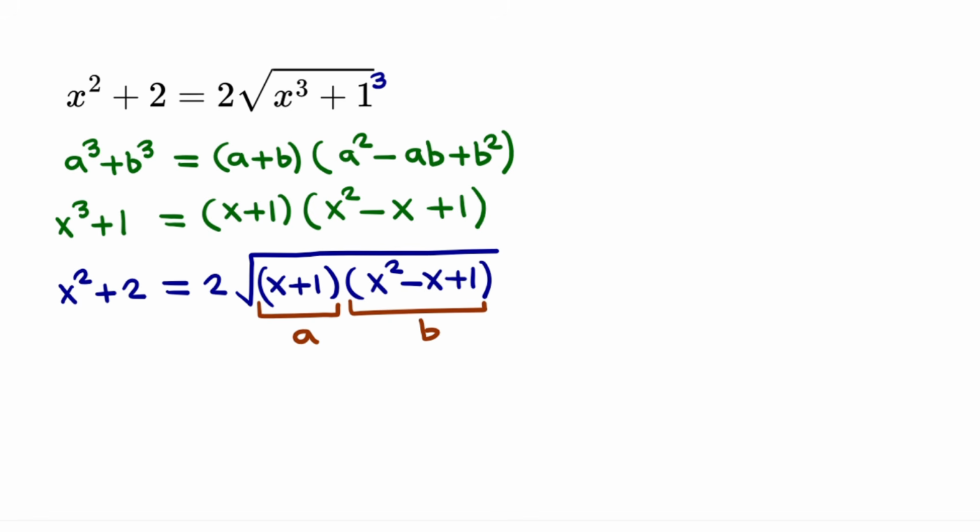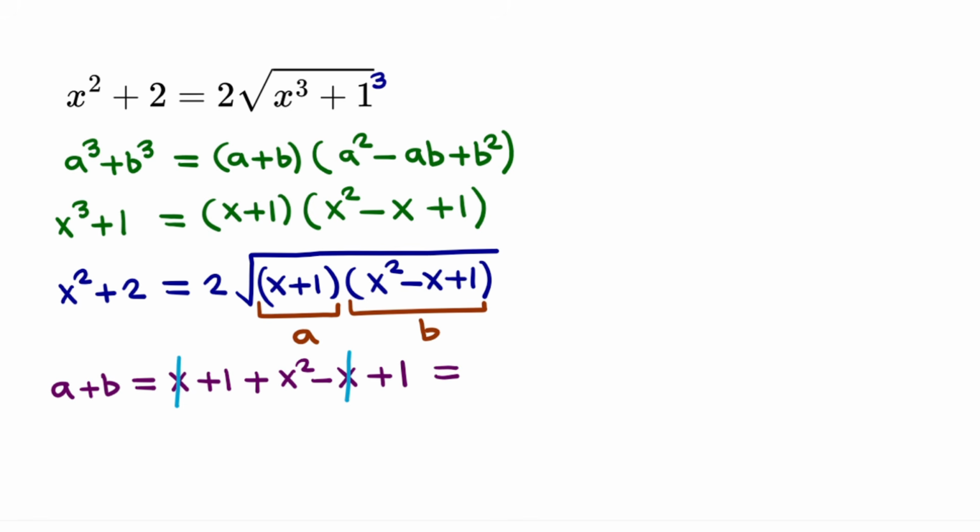Now, watch the magic. What happens if we add a and b together? We get x plus 1 plus x squared minus x plus 1. The positive x and negative x cancel each other. 1 plus 1 gives us 2.